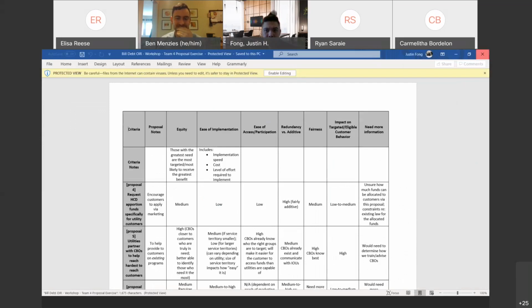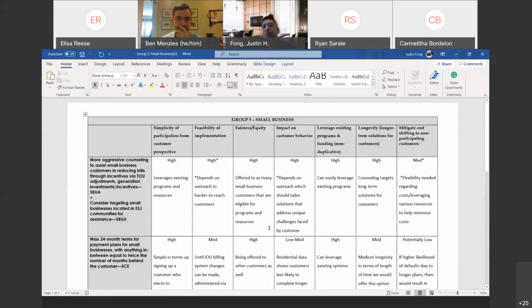Okay, something happened. Okay, there it goes. Thank you. And fairness and equity also high. This is our high proposal for all across. The impact on customers' behavior, we also think it will be high. The only one that is a medium is the mitigate cost shifting to non-participant customers.